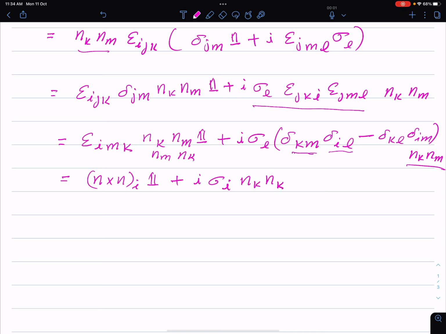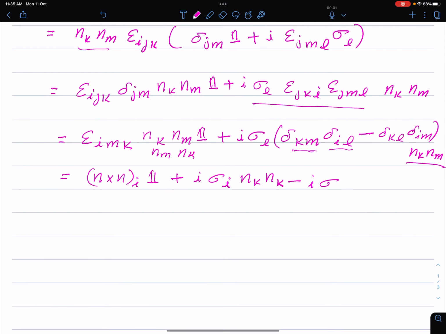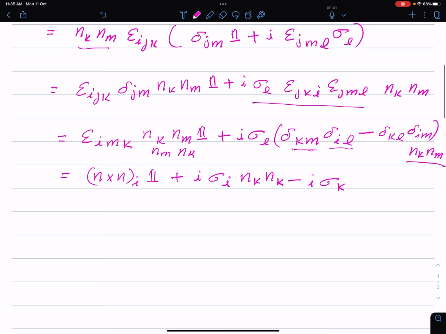So the next term, not plus, it is minus. I should substitute k in terms of l, so sigma k, then wherever m is there I should substitute i, so I get nk ni.